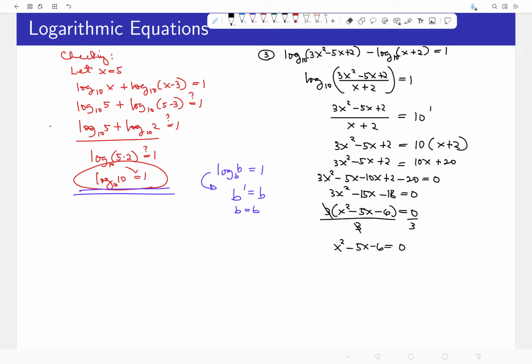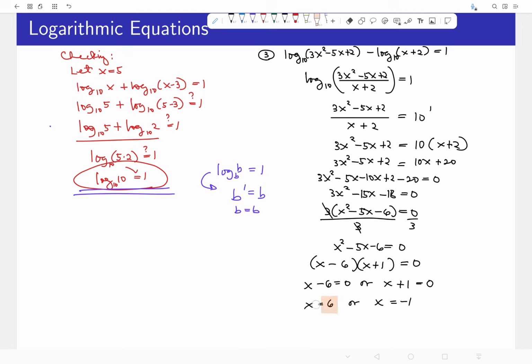0 divided by 3. And then solve this very simple quadratic equation by factoring. I think we can solve this one by factoring. So we have x and x, negative 6, positive 1, and solve individually. So we have the value now, x equals 6 or x equals negative 1.